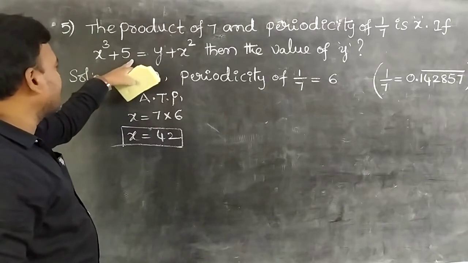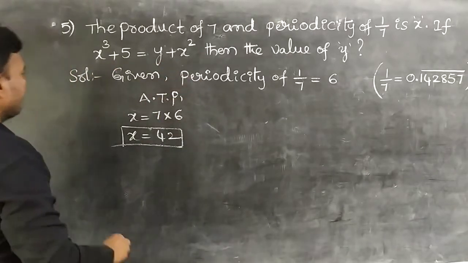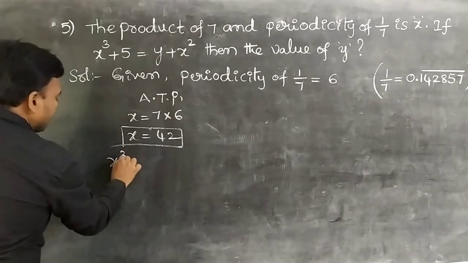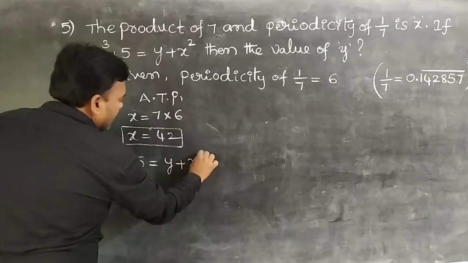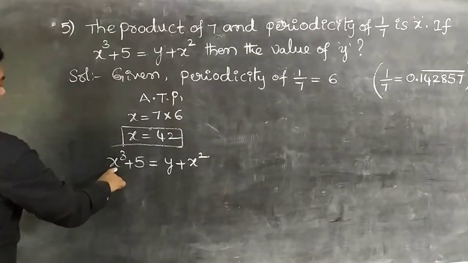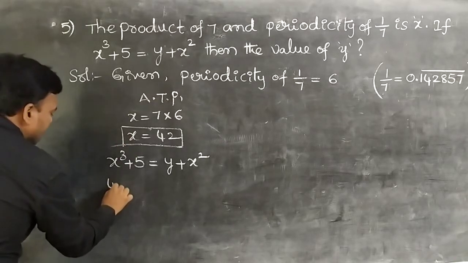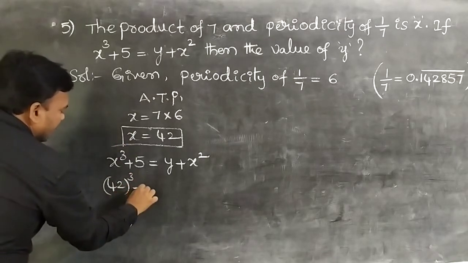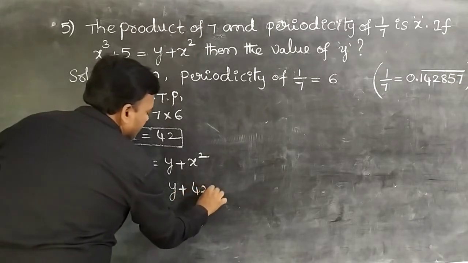If x cube plus 5 equals y plus x square, then the value of y. Substitute the x value. Then that implies 42 whole cube plus 5 equals y plus 42 whole square.